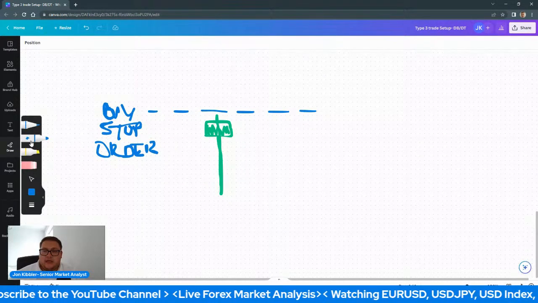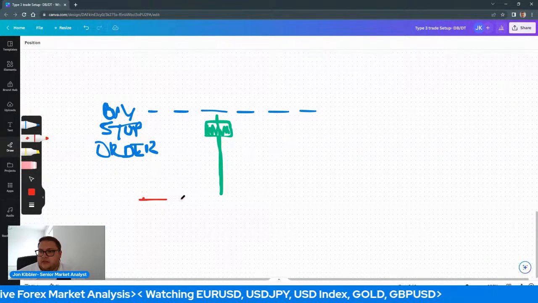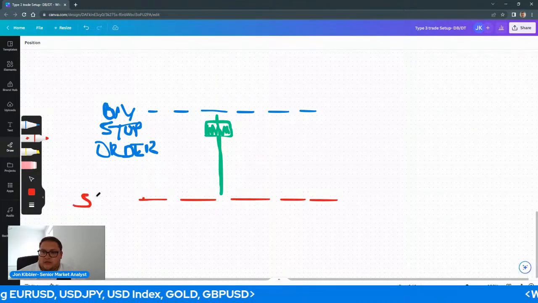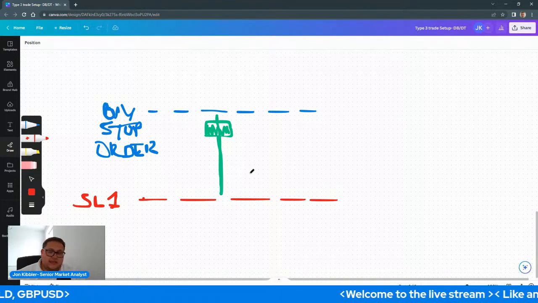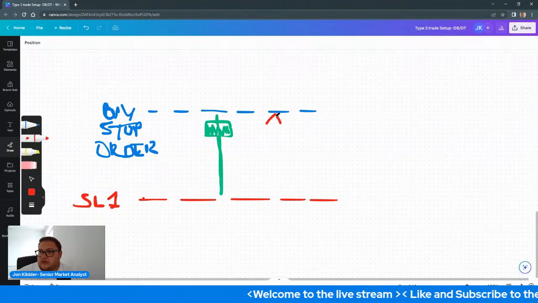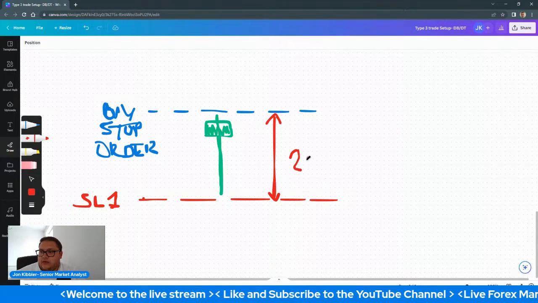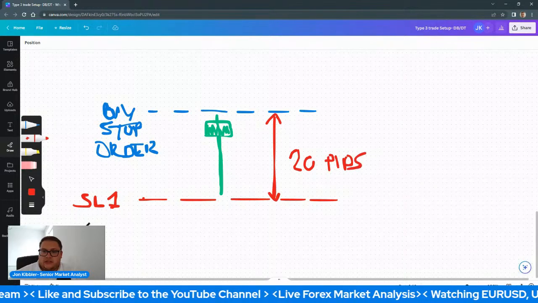So if in your head, you're thinking, right, I'm just going to put my stop loss at the low. So stop loss 1, I should say, is here, right? That's before you're using ATR. So let's say the measure from your entry to the low of that candle is 20 pips, right? But you use an ATR.